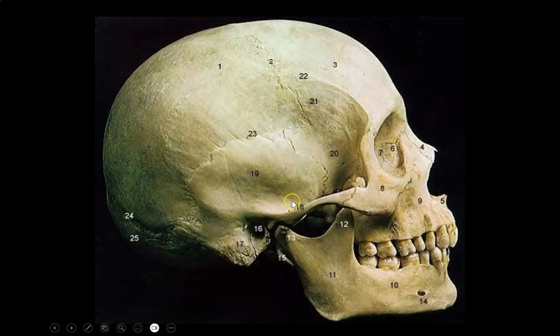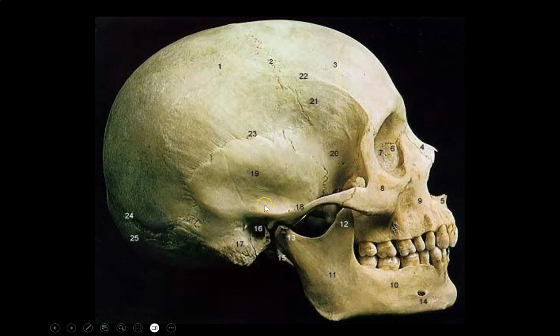Let's see again. It's very obvious here, the supramastoid crest, which is the continuation of the upper border of the zygomatic arch. So consider the superior temporal line, then the zygomatic bone, then the upper border of the zygomatic arch, then the supramastoid crest, then the superior temporal line again.